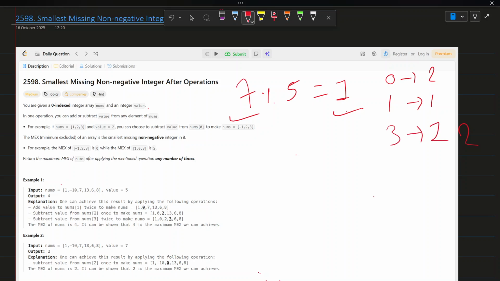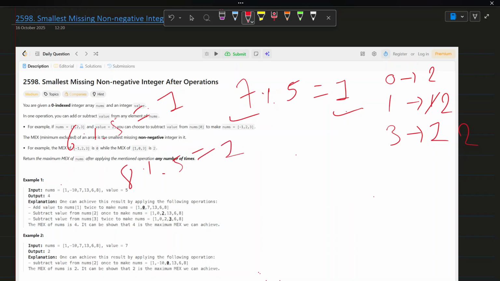Then 6 modulo 5 gives 1, so the frequency of 1 increases by 1, which is now 2. Then 8 modulo 5 gives 3 again.